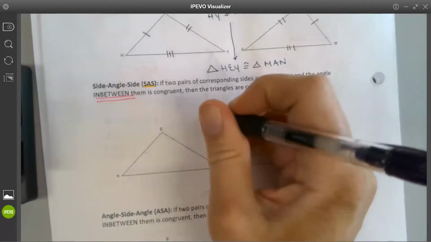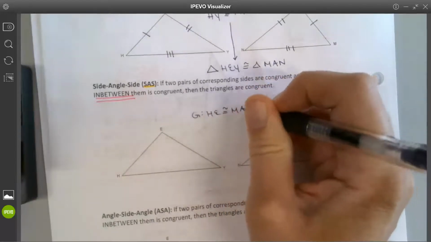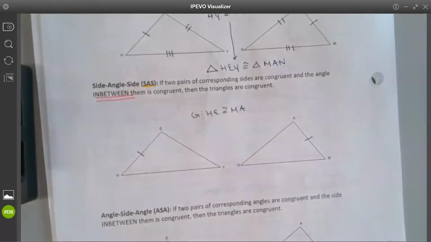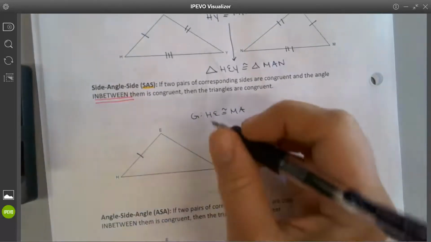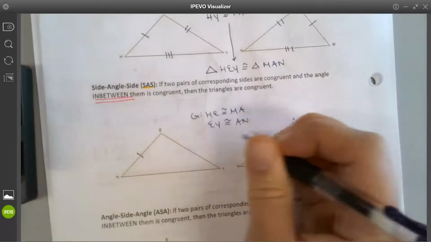If I'm given, again, HE is congruent to MA, and I'll go to the other side and say EY is congruent to AN.